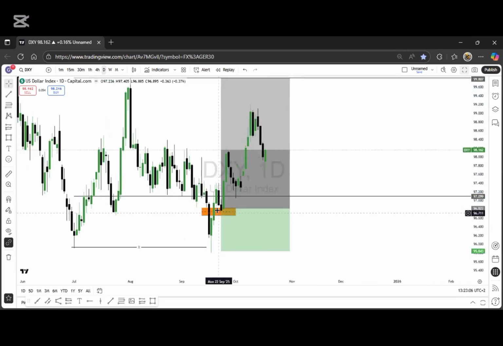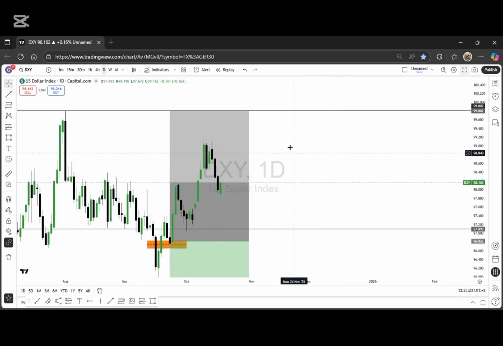But I advise that every time a person uses a CRT, they put their stop loss at the most recent swing low, which is here. And price just tapped into the IFVG and it went up, and it is currently going up.